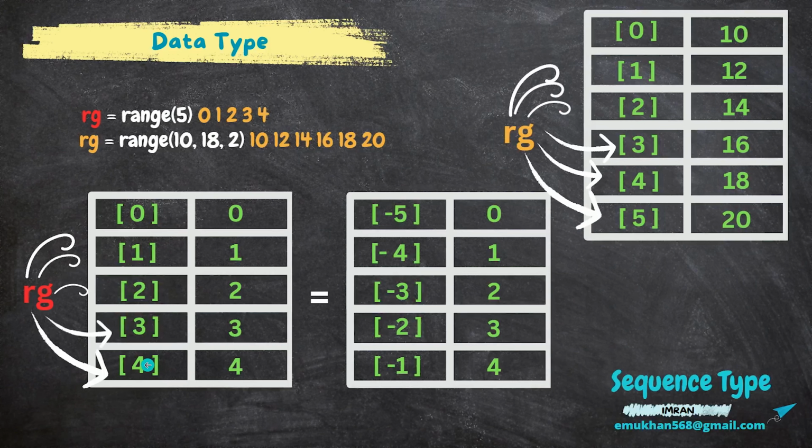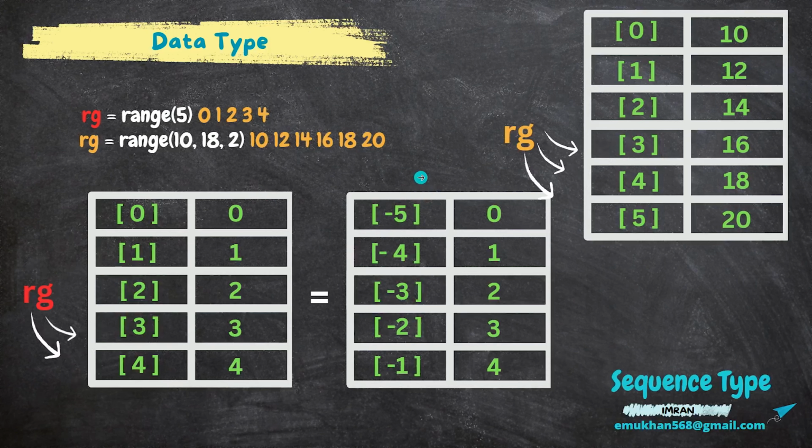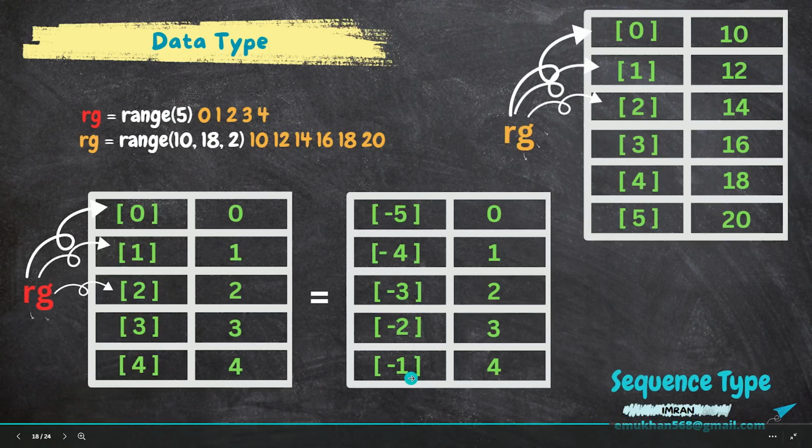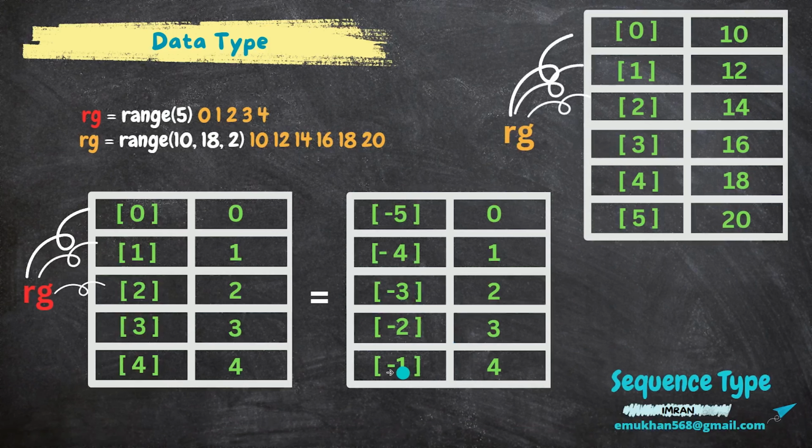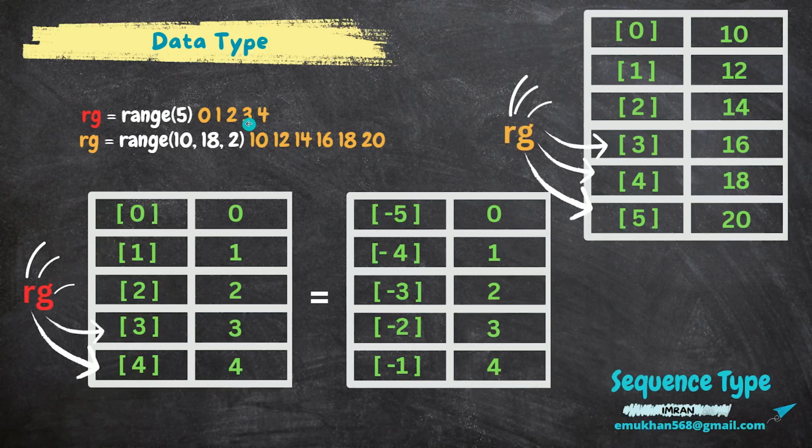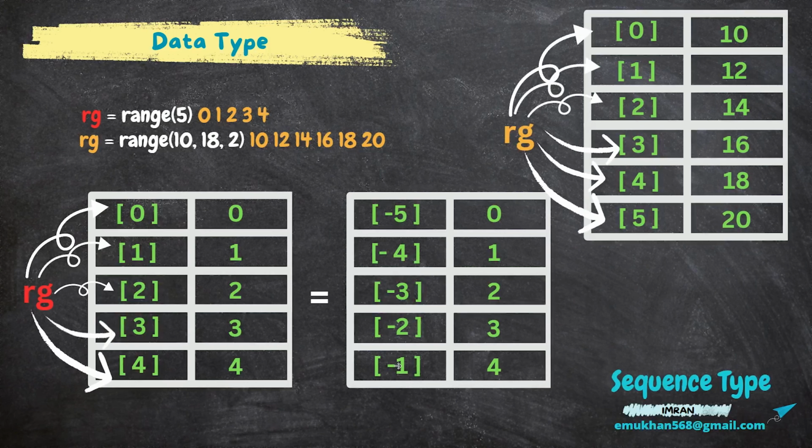If you come with the reverse value, then 4 will be -1, 3 will be -2, 2 will be -3, 1 will be -4, and the last one will be -5. So 0 has two values, positive 0 and -5. In this way you can have two types of indexing numbers, and depending on your work, you can use it.